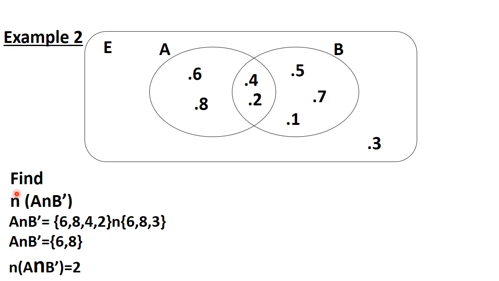Then the last part is n, the number of A intersect B complement, or what's the number of these two elements? 1, 2, they are 2. So the answer is the number of A intersect B complement is 2. We don't even include the curly brackets because this is just a count, but sets are the ones that are supposed to have curly brackets when you want to describe the set or to list the members of the set.